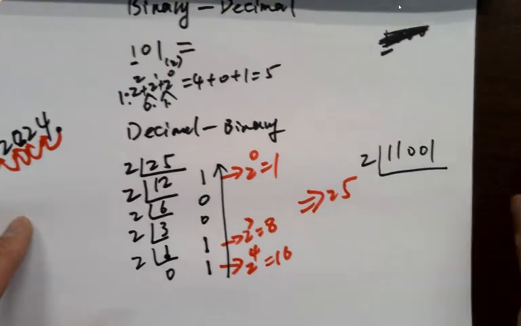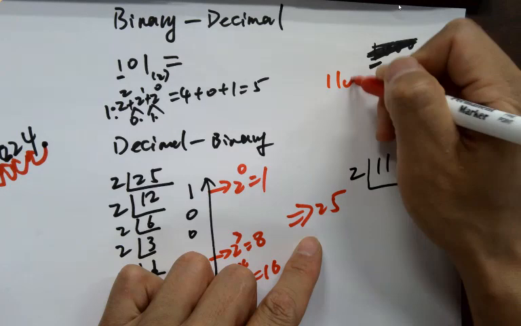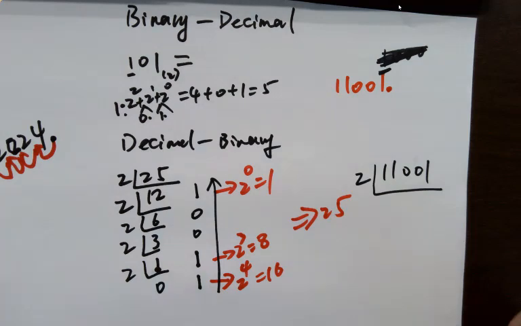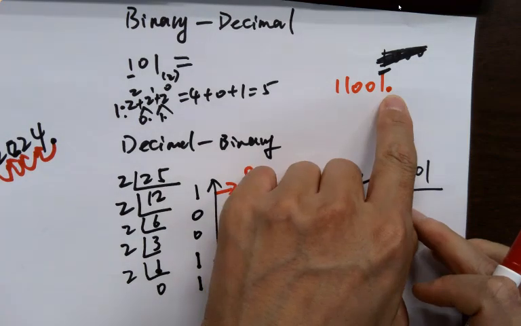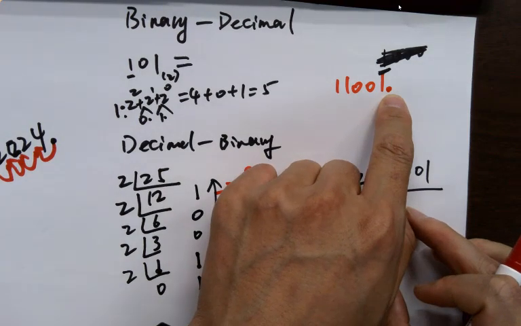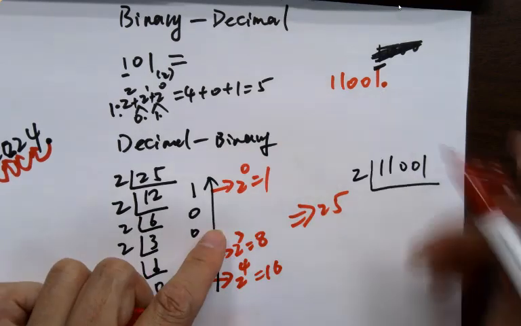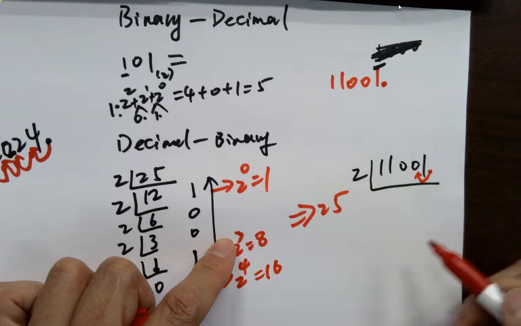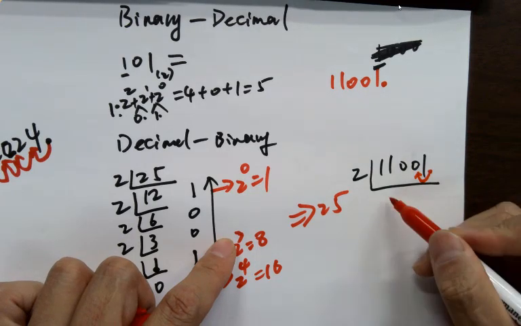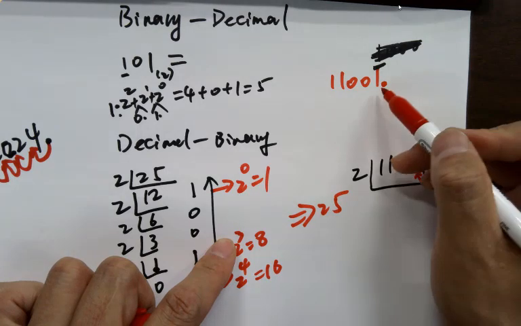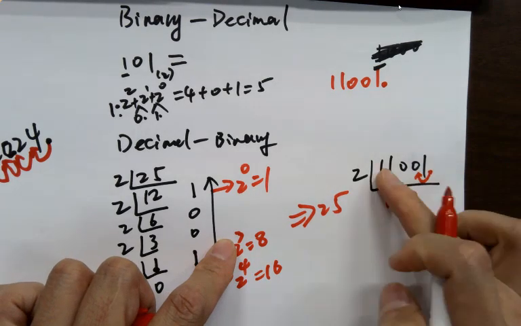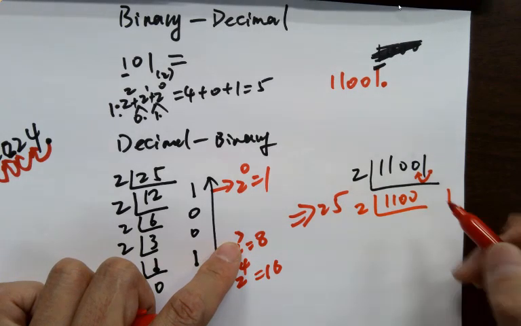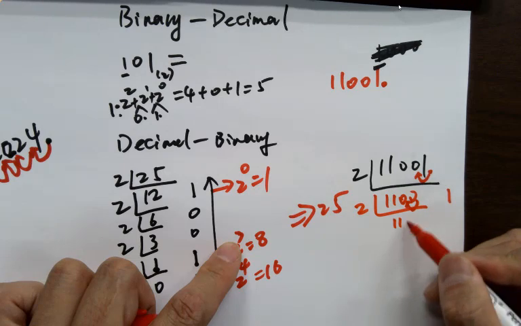In base 2, there's a point too, which we call the binary point. Even if you didn't write it, you know it's there. If I divide this by 2, I'm moving the point to here, so the result is 1100, these 4 digits, and the remainder is 1. Do it one more time: it's 110, and the remainder is?